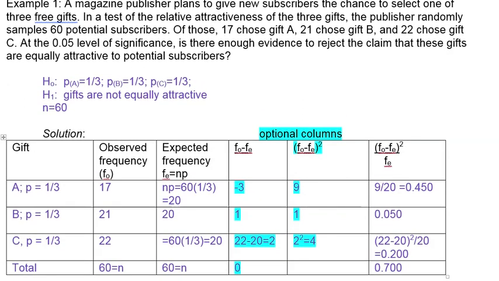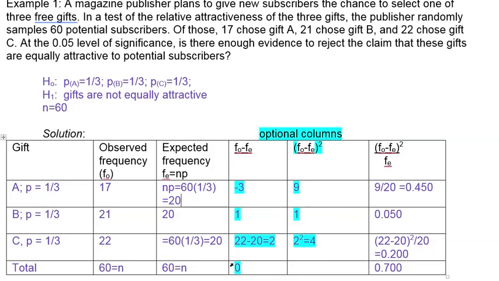Now the totals here tell us a few different things. The total of the observed column should add up to our n, makes sense, but so should the total of our expected column. Lots of times some of these expected frequencies end up having decimal values, in which case your numbers may not add up perfectly if you have some rounding errors, but it will add up very, very close, within however many decimals you kept.